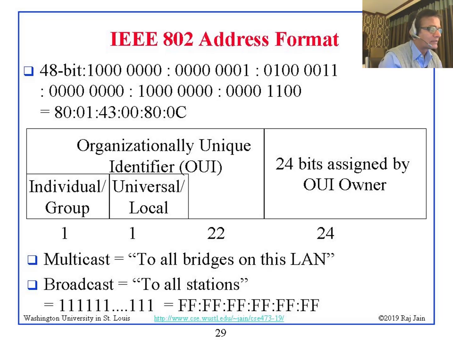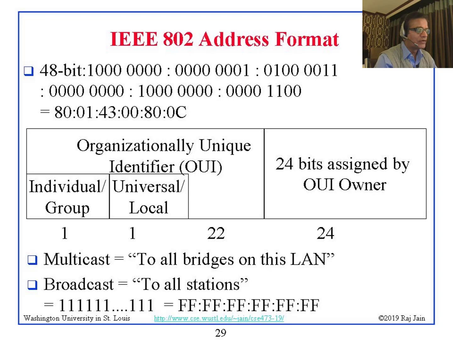These are 802 addresses. All 802 protocols follow these addresses, which means 802.3 Ethernet, 802.5 token ring, 802.11 Wi-Fi, and even Bluetooth, 802.15. So all 802 protocols follow this address format.